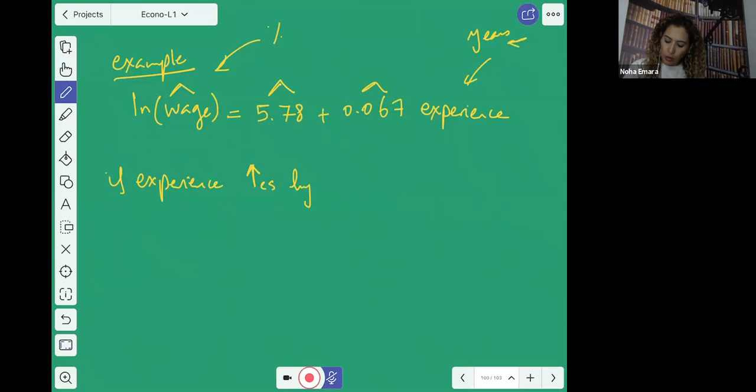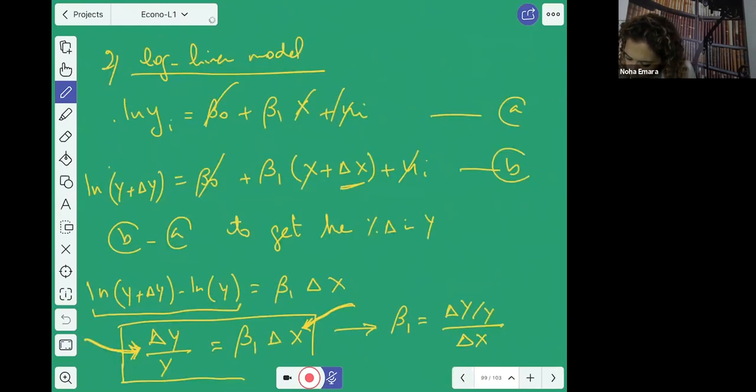So if experience increases by 1 year, okay, what happens to the percentage change in wages?